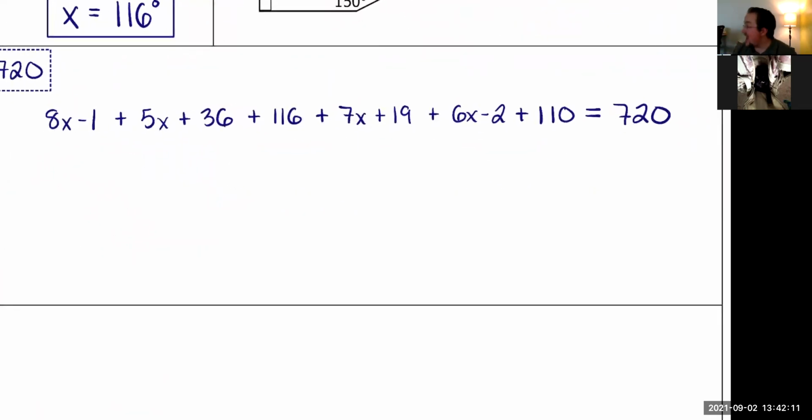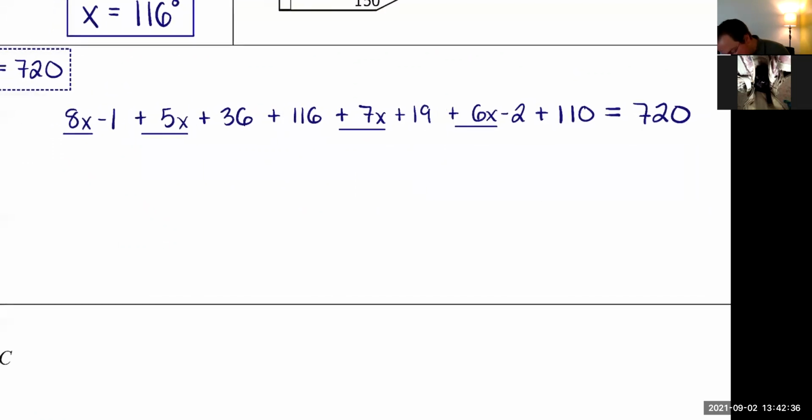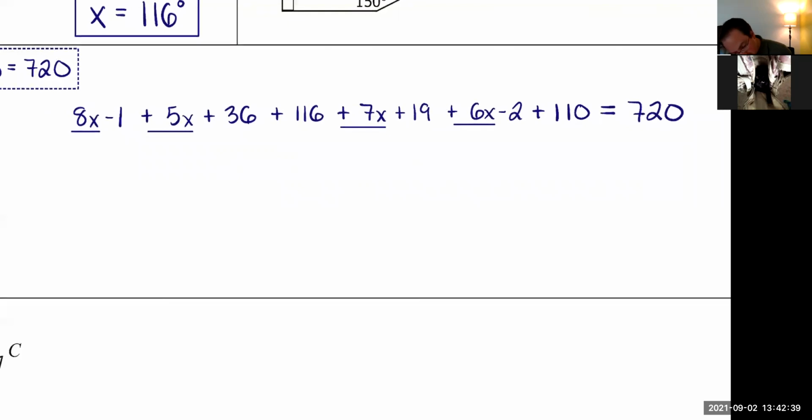Now, that looks like quite the mess until you pause for a moment and realize there's a ton of like terms in there begging to be combined. So if I go through very carefully, I see an 8x, a 5x, a 7x, and a 6x, which all add together to give me 26x.